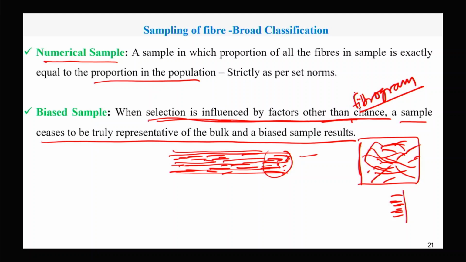In this range, I am selecting long fibers, short fibers, and medium length fibers. But on the other hand, if I take the fringe from this bulk, gripping from the surface, the longer fibers have a greater chance of being selected.